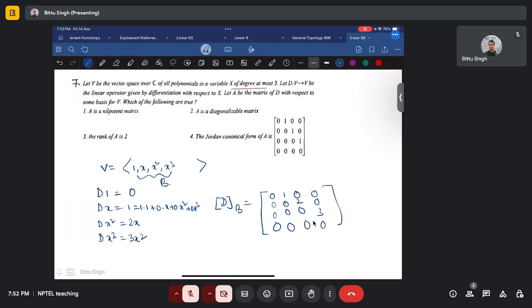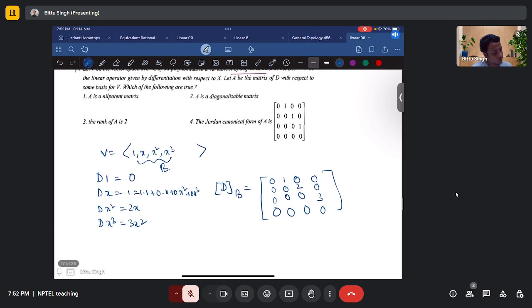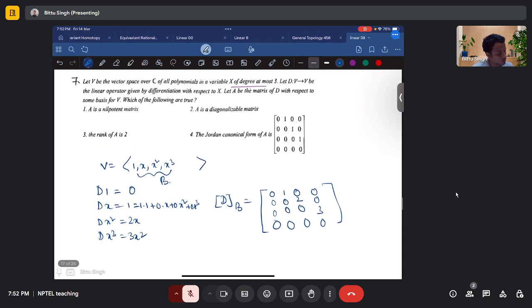Now the question is if A is nilpotent or not. Can you see if A is nilpotent or not? It is actually easy to see that A is nilpotent. So this is A given. A is the matrix representation.